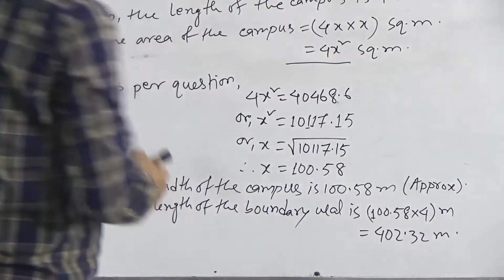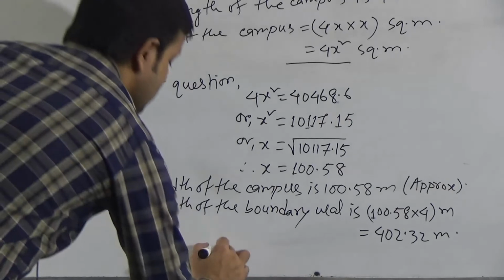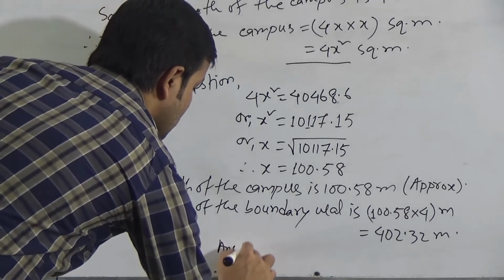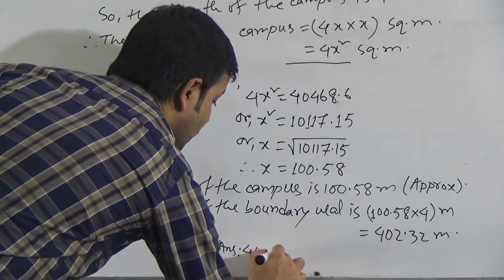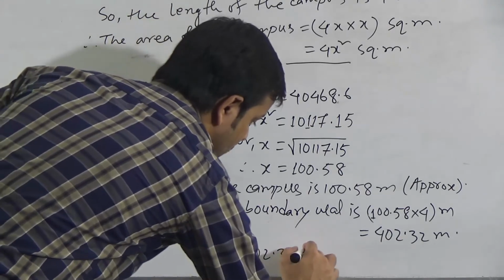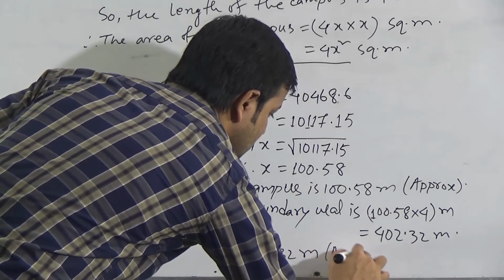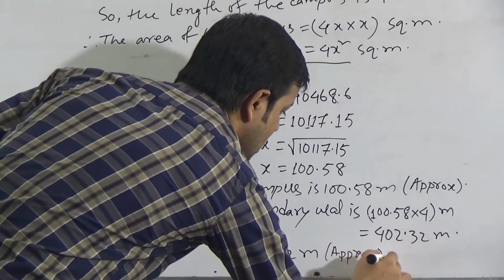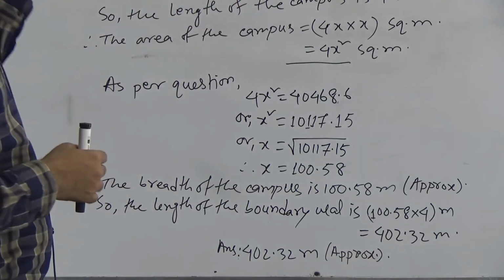This is the length of the boundary wall. So our required answer for question B is 402.32 meter, approximate value. Okay, dear students, I have done question B.